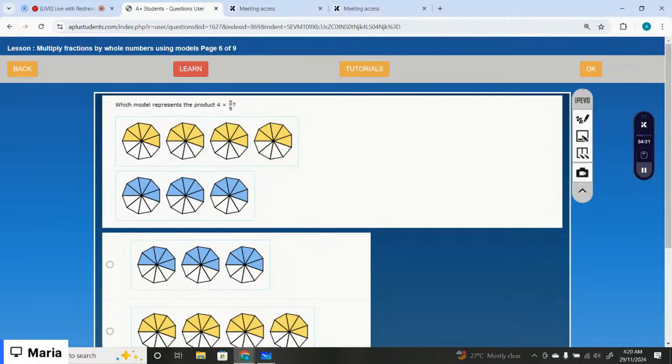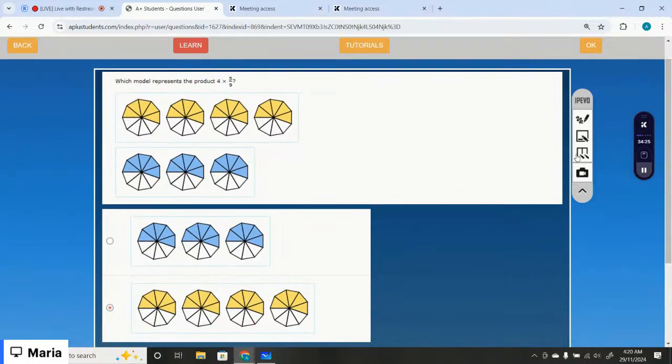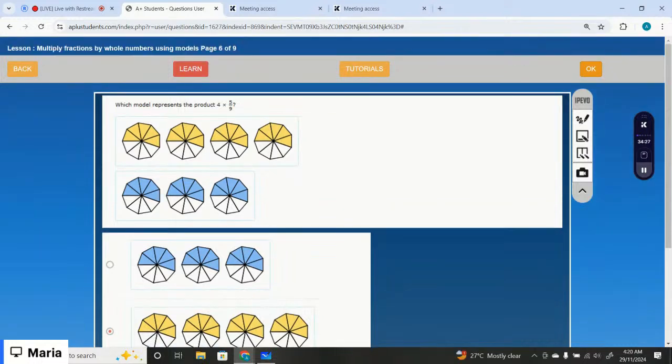Option number 1, 2, 3, 4. And they all have 5 portions colored out of 9. So option number 2 is the correct option.